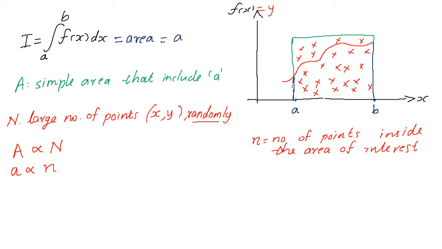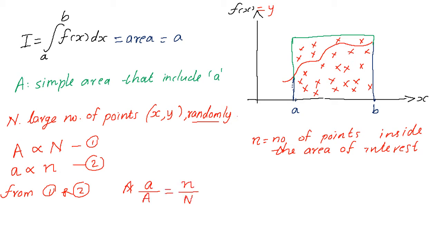Correct? So from these two conditions, 1 and 2, I can write small a by capital A is equal to small n by capital N, which readily gives you the required result.